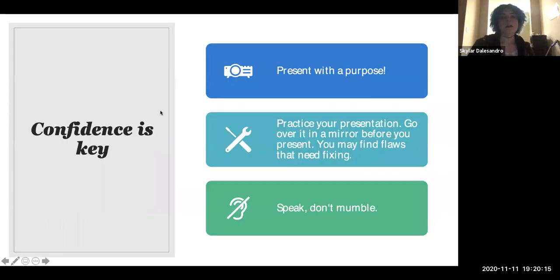Confidence is key. This is very helpful. Present with a purpose. I saw a lot of people, and I don't judge, but if you want to win, when they would present, they would be terribly nervous. It's nobody's fault, but they'd be very nervous, and they would mumble.